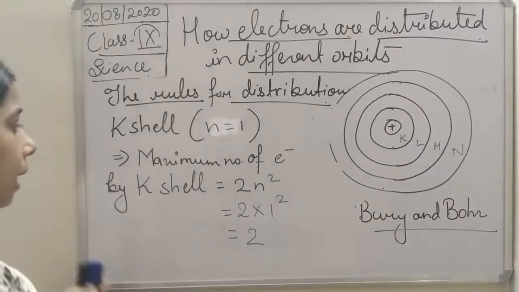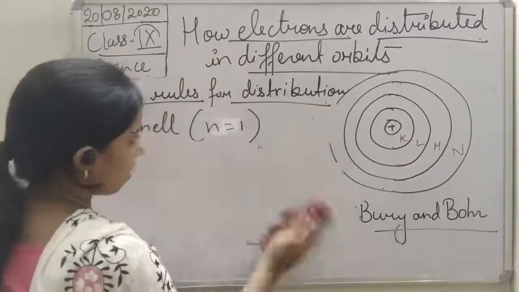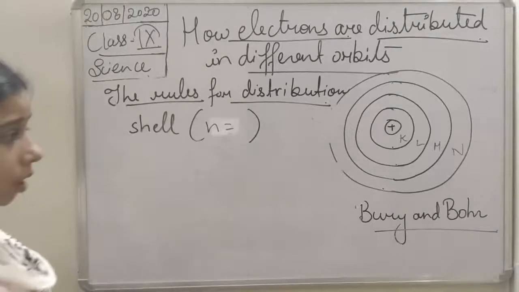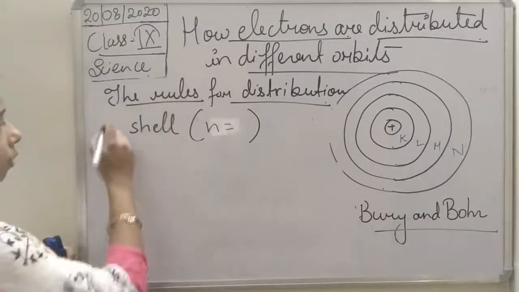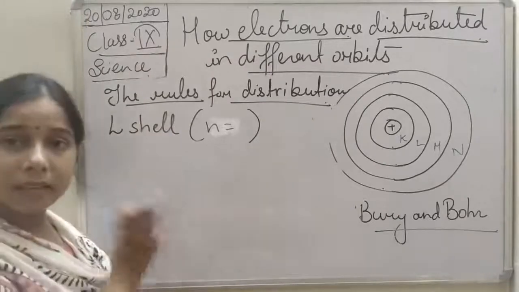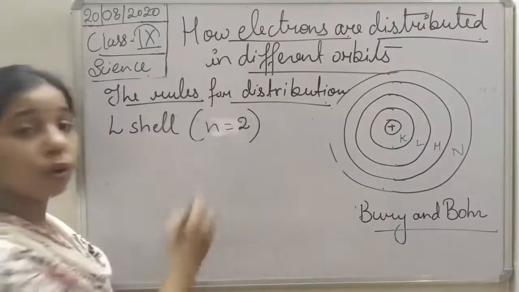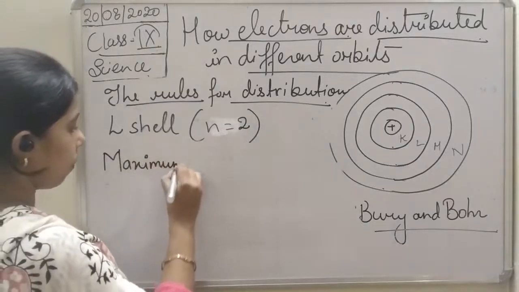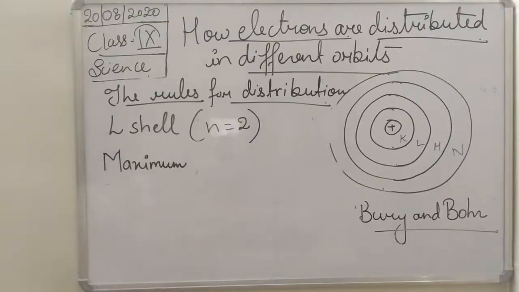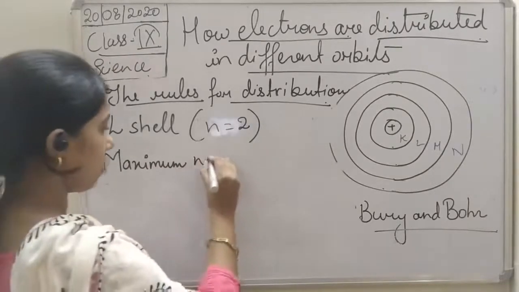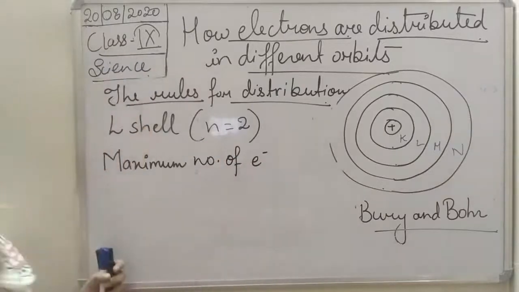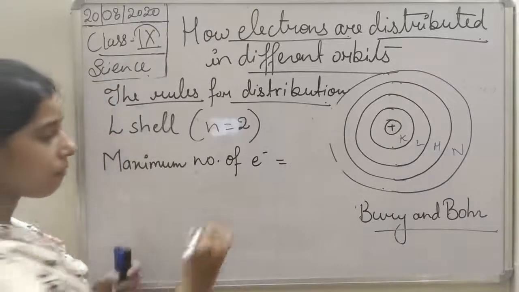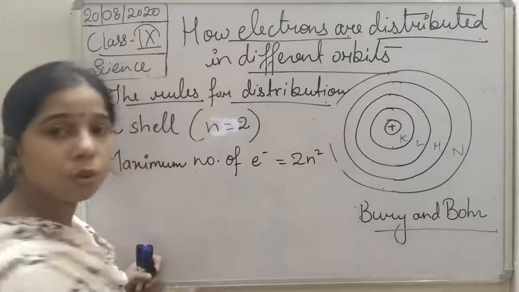Now, if we talk about the second shell, the second shell is the L shell. So this is the second orbit, so we will write n equals 2. Now, the maximum number of electrons which can be accommodated by the L shell, student, will be given by the same formula, 2n square.